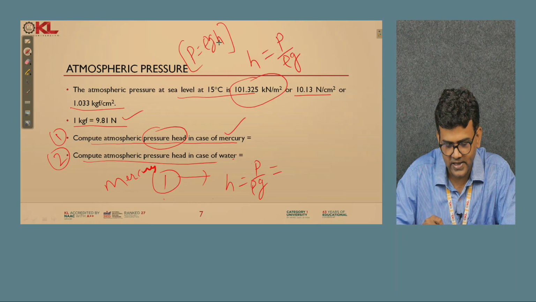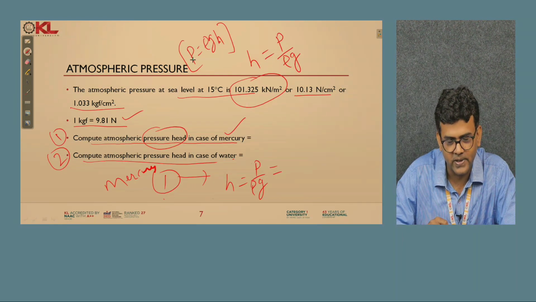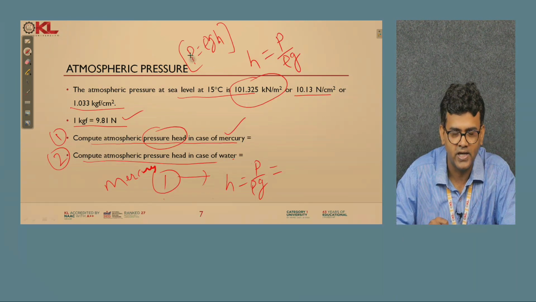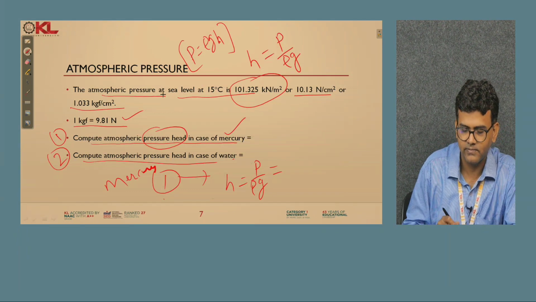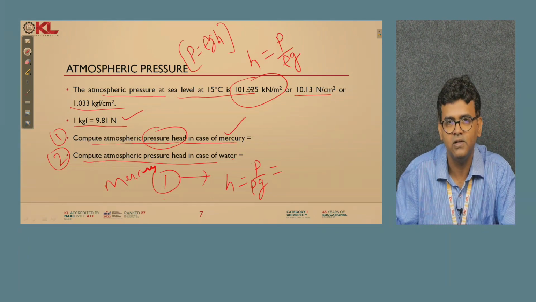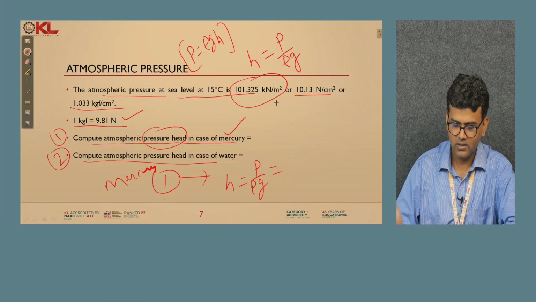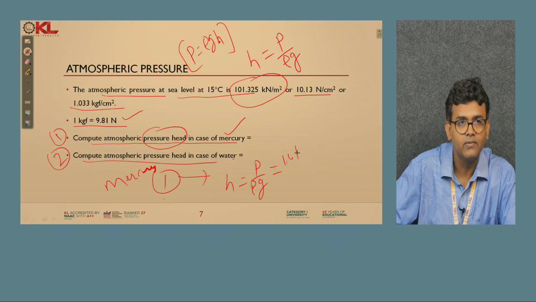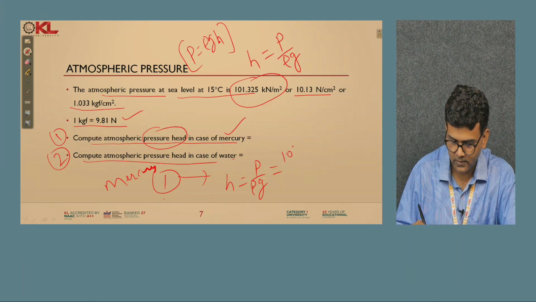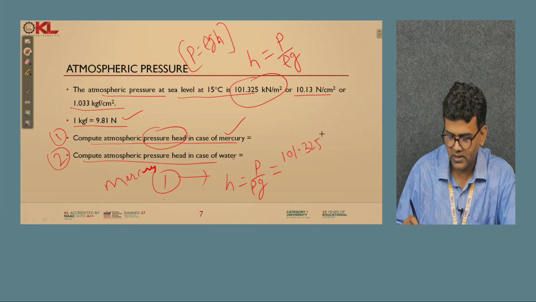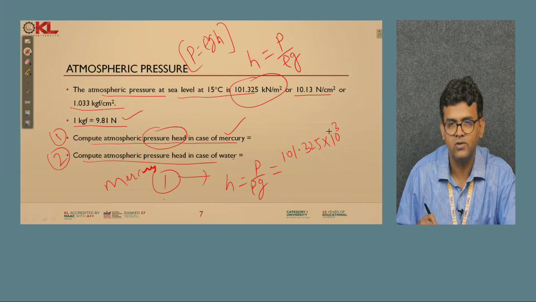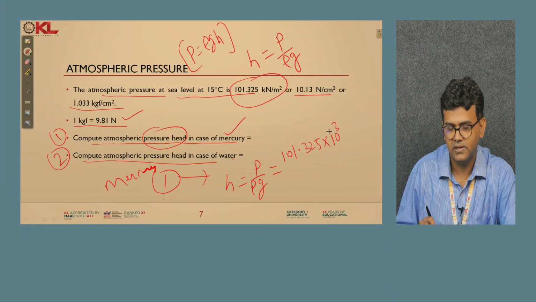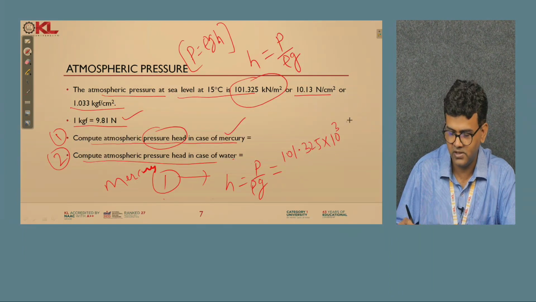That means in the case of the atmospheric pressure head, the pressure is atmospheric pressure, and you know its value, that is 101.325 kilonewton per meter square. So you know the value of this P: 101.325 multiplied by 10 to the power 3 for the kilo, which gives Newton per meter square.